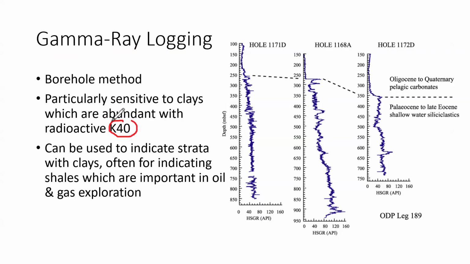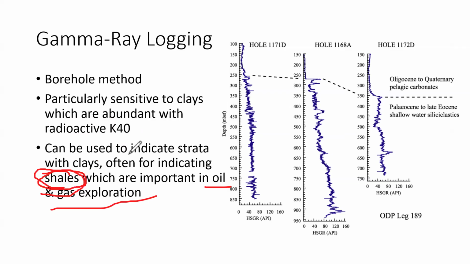Potassium is common in potassium feldspars, which is the common product of clays. Clays usually have feldspars, which in turn have a lot of potassium. Clays are actually important for the oil and gas industry because the oil and gas industry is mostly interested in shales.